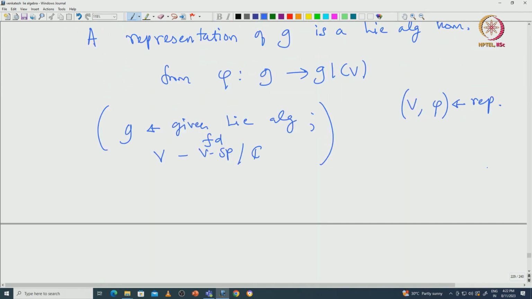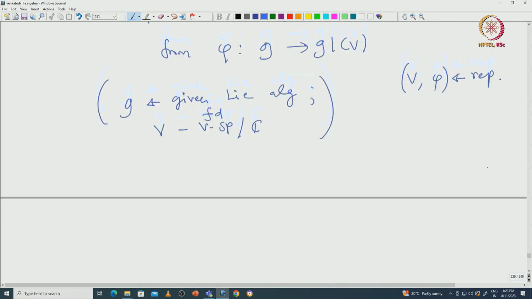If you think about it, a representation of any algebraic object means you want to act with the algebraic object on some vector space, so that each element of that algebraic object can be represented as some linear operator or matrix with respect to some basis of that vector space.